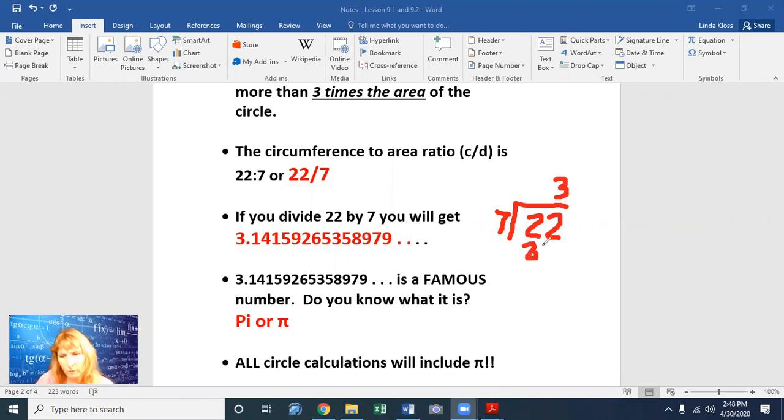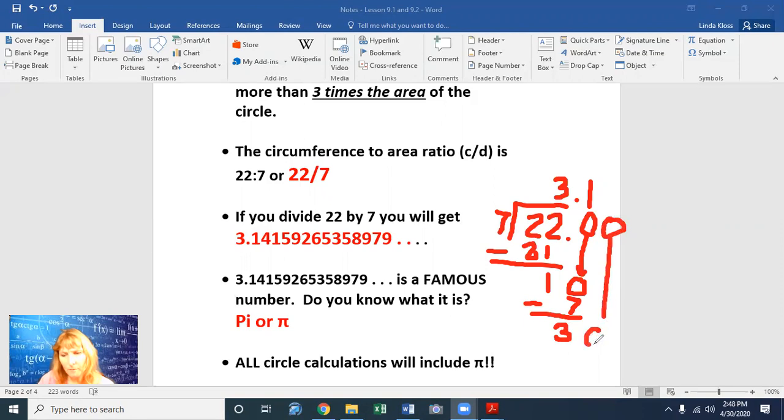I want to show you this for just a second. 22 minus 21 is 1. You can put a decimal and keep going and put a 0. Now you get 10. 7 goes into 10 one time. 1 times 7 is 7. 10 minus 7 is 3. Bring down another 0.